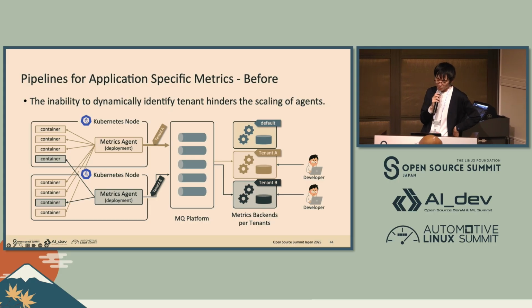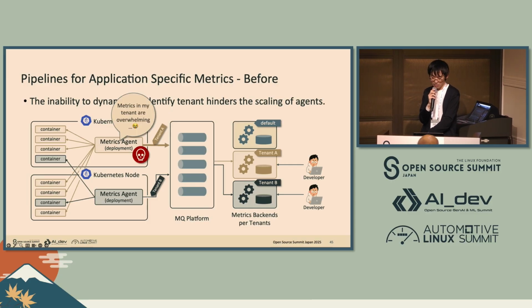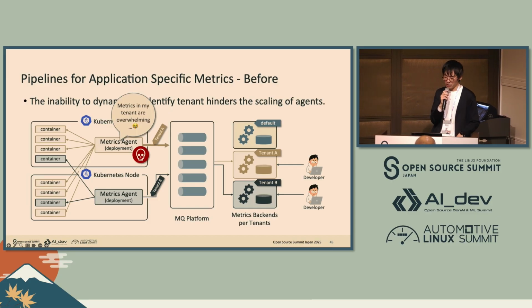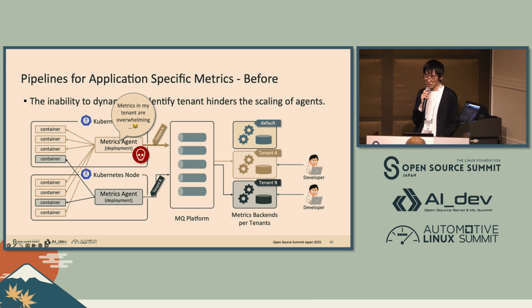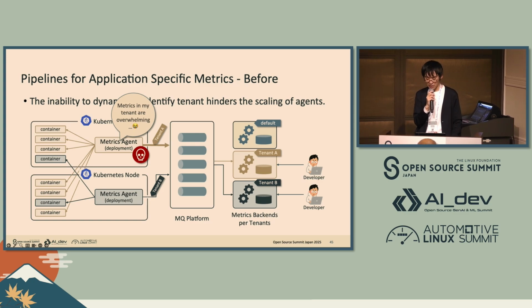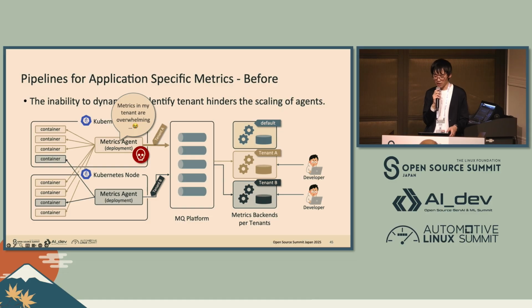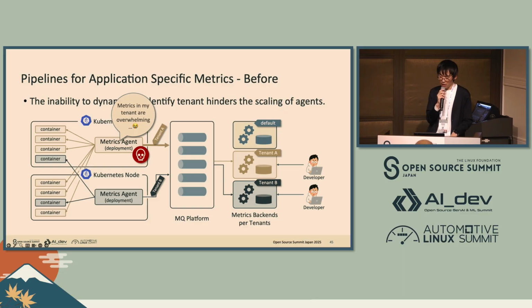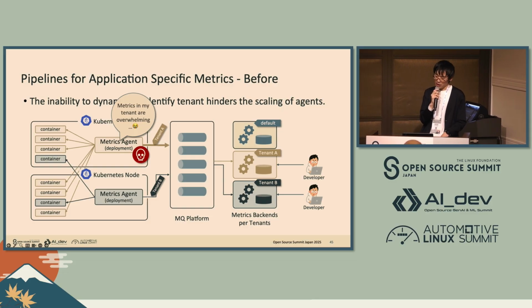This approach helps prevent overloading the backends by distributing the metrics. However, with this approach, the agent assigned to tenants that contain extremely large applications became unable to handle the volume of metrics.